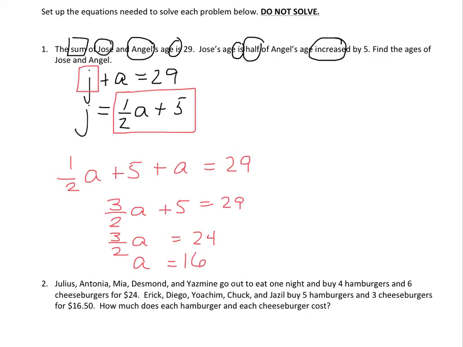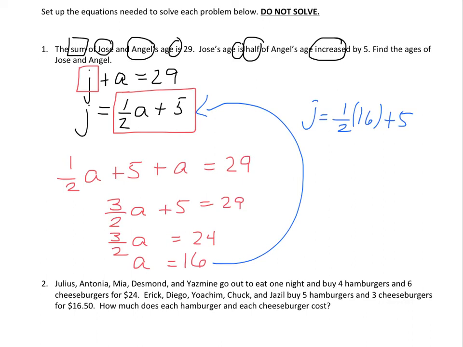Now I'm going to take that and substitute it back into the box. So half of 16 plus 5 is 8 plus 5, which is 13 years old. So Jose is 13, Angel is 16. Raise your hand if you got that.